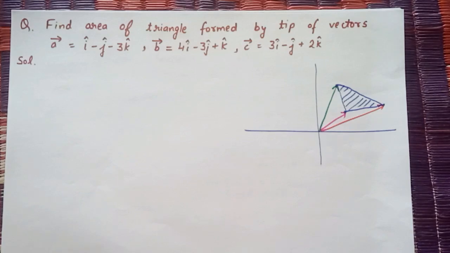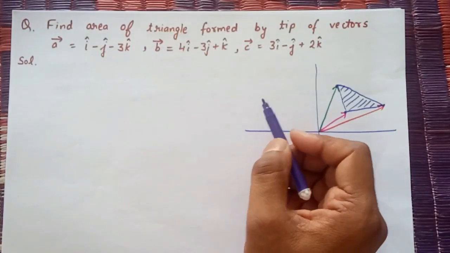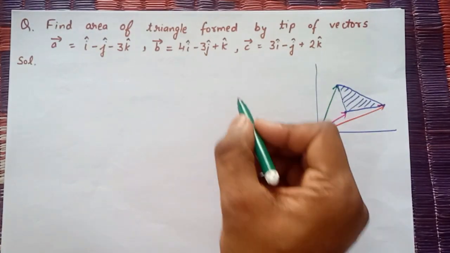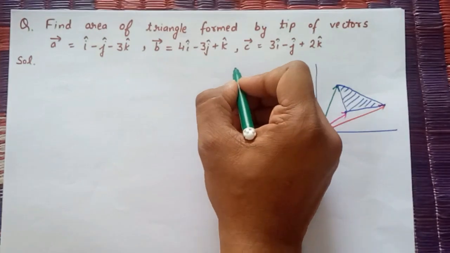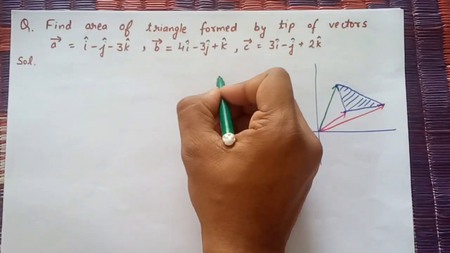Okay, now three vectors A vector, B vector and C vector are given. So how to find the area of this triangle? See, you have to first find the sides of the triangle.